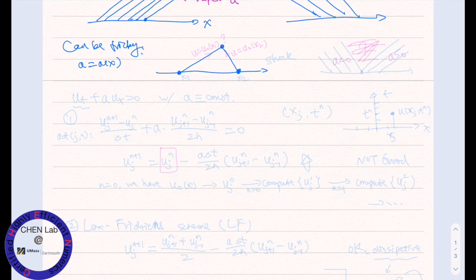Unfortunately, they will intersect. So this is like x1, that's like x2. If we follow this characteristic, the function is equal to u0 at x1. If we follow the second one, the function is equal to u0 at x2. So when they intersect, what should it be equal to? It can be tricky, as you can see.